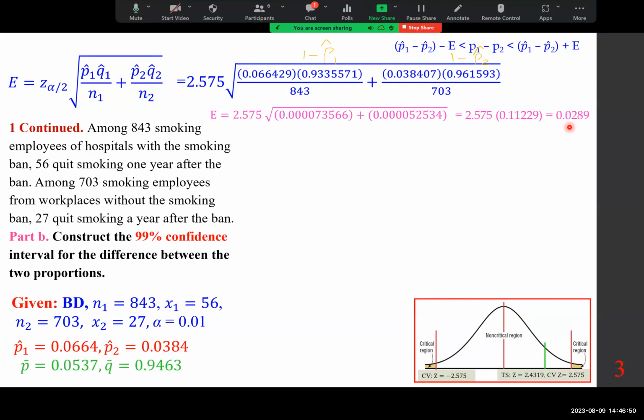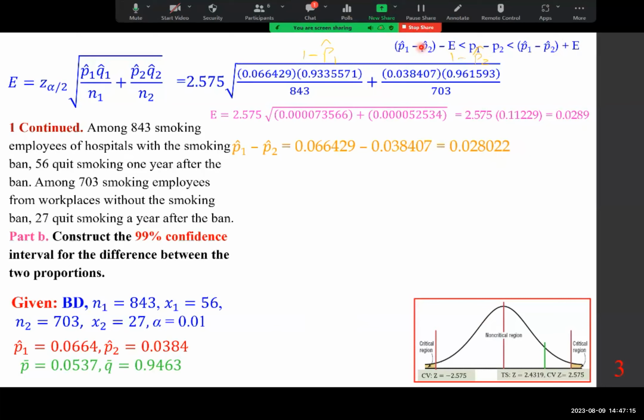And now we are going to go with P1 hat minus P2 hat, which means subtract this one from this first. Subtract this one from this one. And now this number must be subtracted from this and added to this according to this formula.